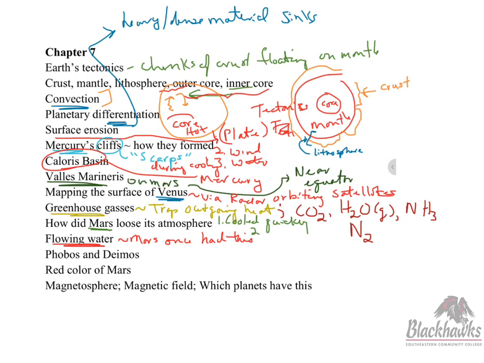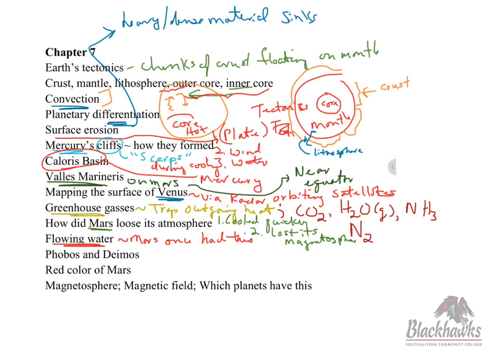Step number 2, in Mars losing its atmosphere, it lost, and actually it's a term, the last term here, I'm going to have to explain what this is, but Mars lost its magnetosphere. That's step number 2.